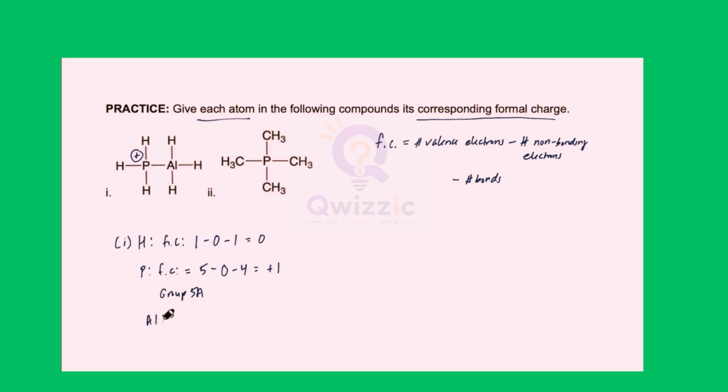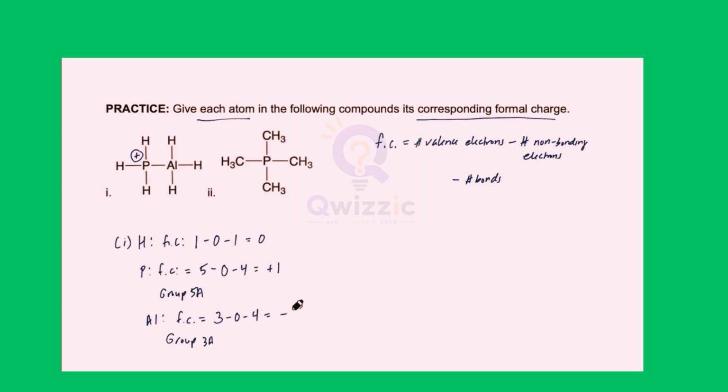And then the aluminum is in group 3A. So its formal charge equals 3 for the valence electrons, minus 0 non-bonding electrons shown, minus 4 bonds on that as well. So we have 3 minus 0 minus 4.